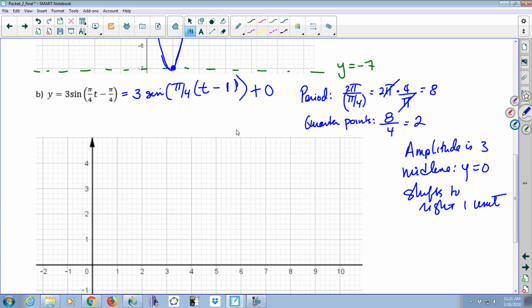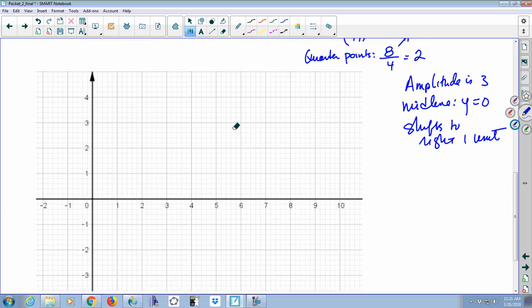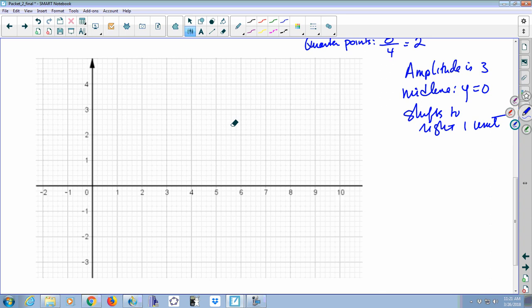Okay. So I actually know where this function's going to be trapped. It's going to be trapped between +3 and -3, because that's what my amplitude is. Instead of starting at 0, I'm going to start at 1. And every shift of 2 units to the right is going to be something important happening.